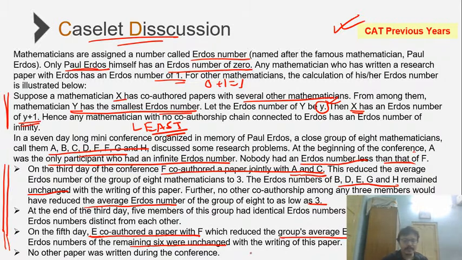Last bullet point is no other paper was written during the conference. It's not important.